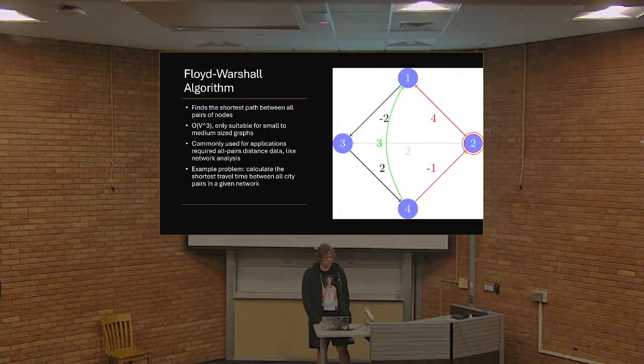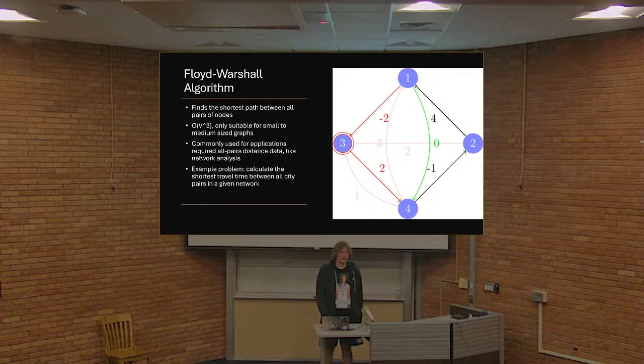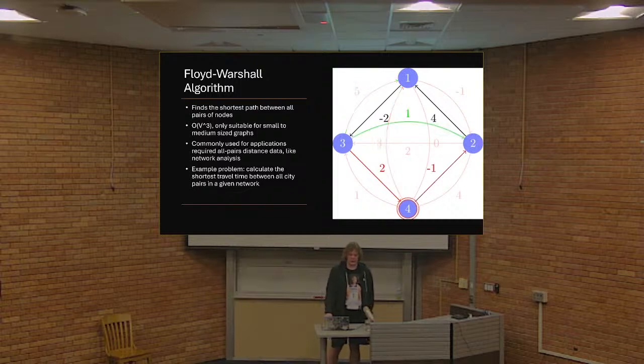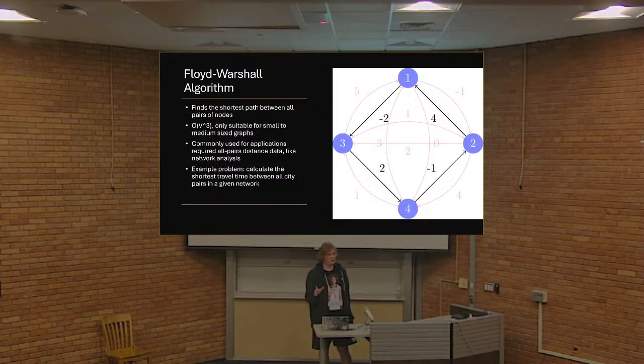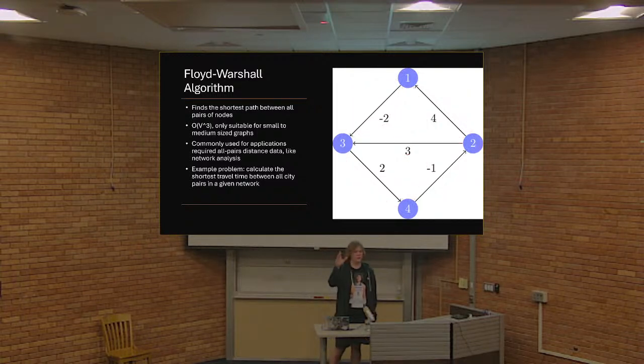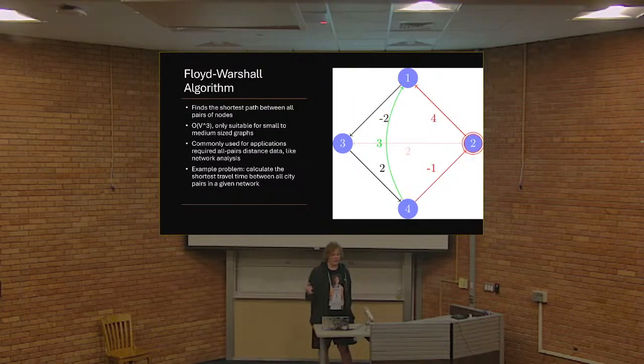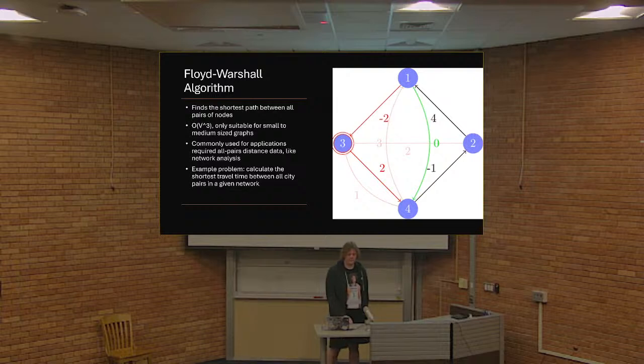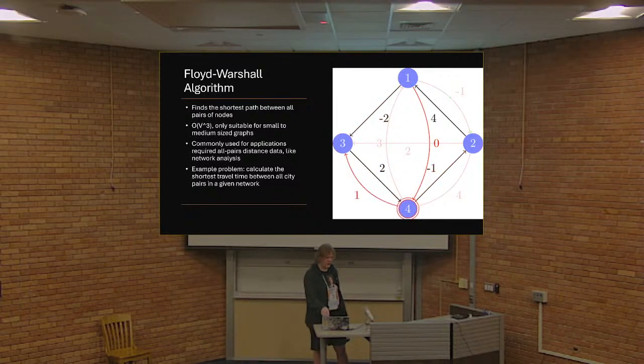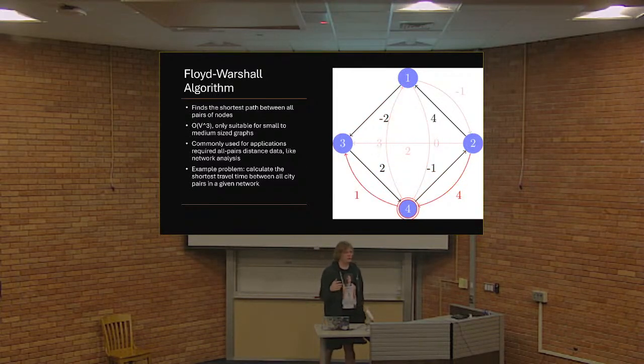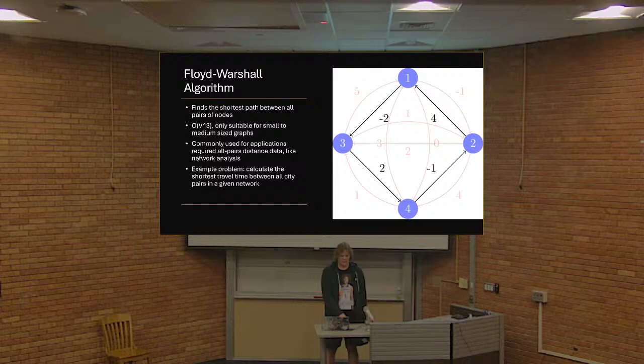The Floyd-Warshall algorithm, again, is not incredibly ubiquitous. It's not used very often, but it is important to understand because it's like Dijkstra's, but it's not just from one node to all the other nodes. It's every pair of nodes. So for every single pair, you're able to find the shortest path between them, which, as you would guess, is a very computationally expensive process.